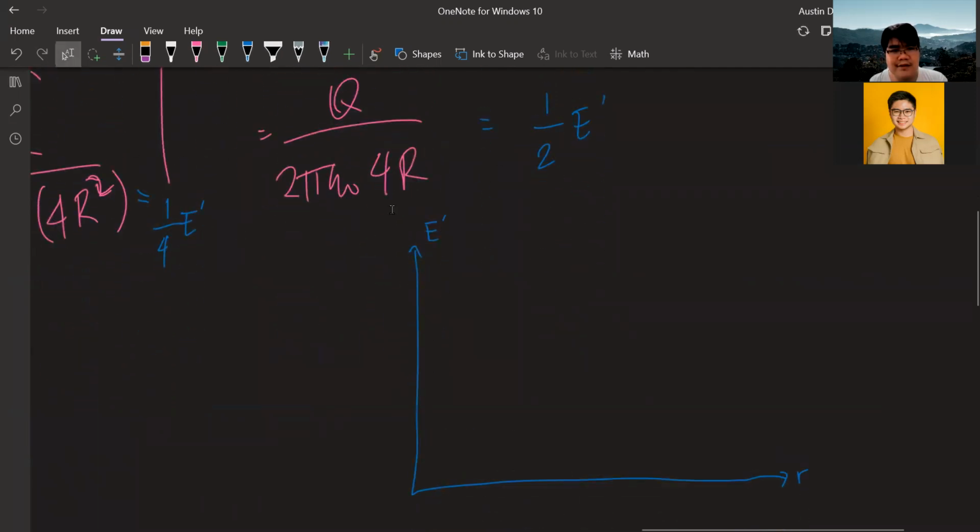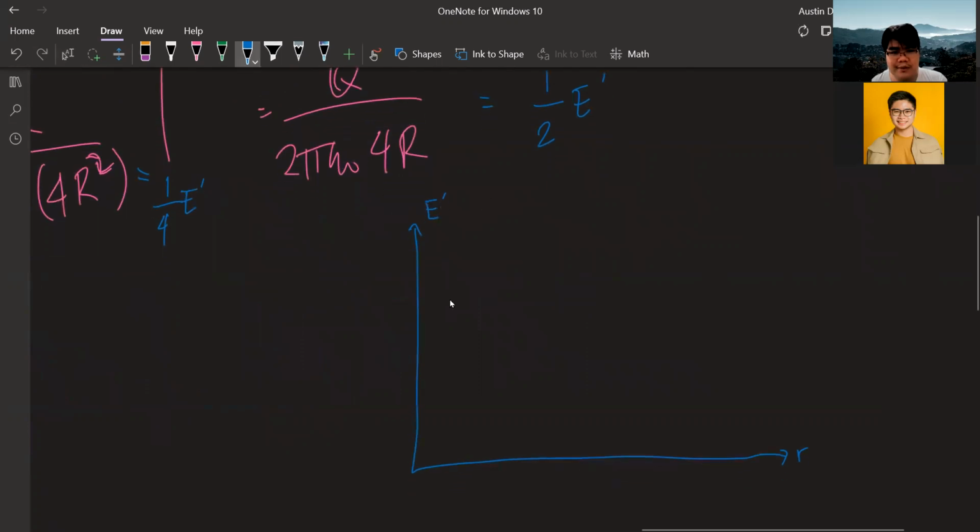E prime, half ng E prime, 1/4 ng E prime. Something like this. E prime. This is 1/2 ng E prime. Makes sense naman, medyo kalahati yan, di ba? Tapos this is the 1/4 of E prime.